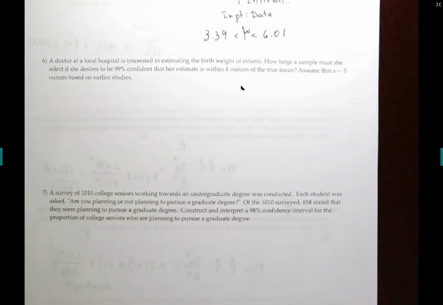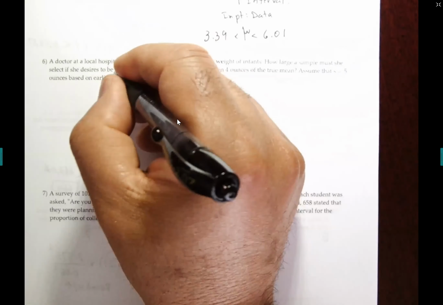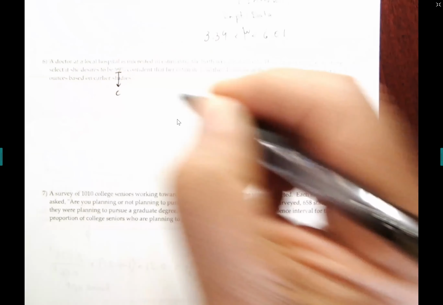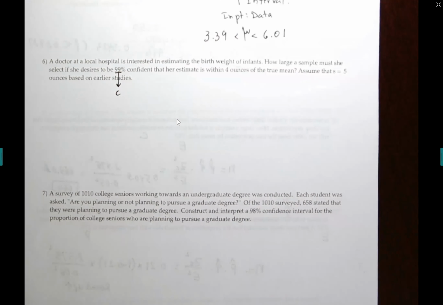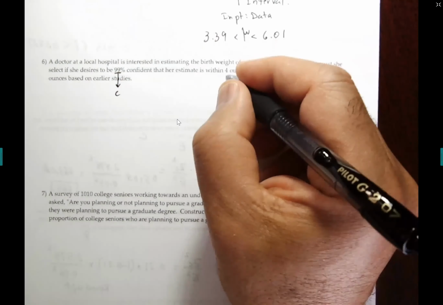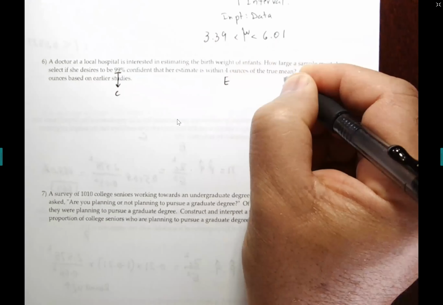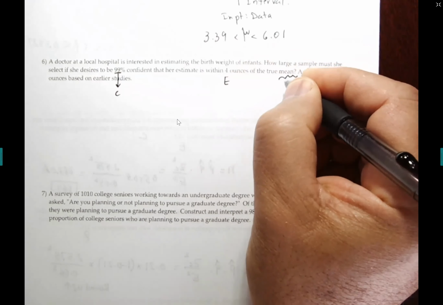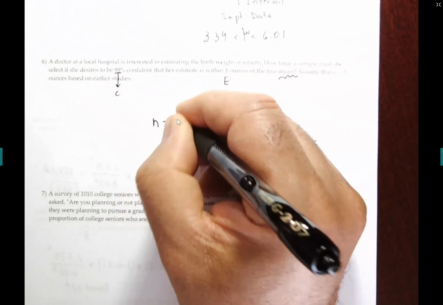Number 6, a doctor at a local hospital is interested in estimating the birth weight of infants. How large a sample must be selected if she desires to be 99% confident, that's C, that her estimate is within 4 ounces of the true mean, so that's E. And he's talking about the mean, guys, so you have to use the formula for the mean, which is this.